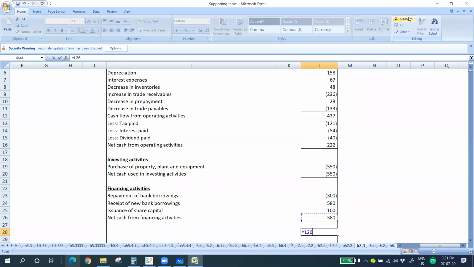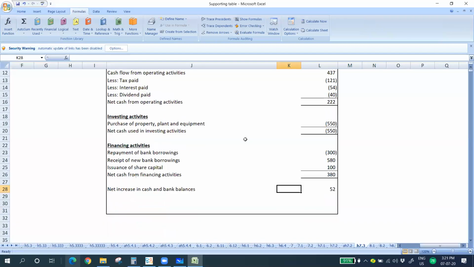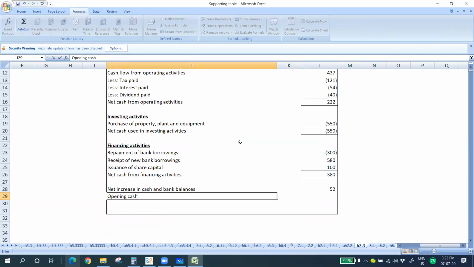So you add these three amounts together. If you get a positive amount, it means that we have a net increase in cash and bank balances. And we also need to show our opening cash and bank balance and closing cash and bank balance.